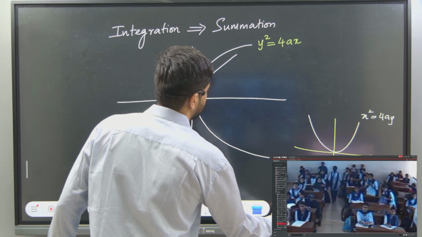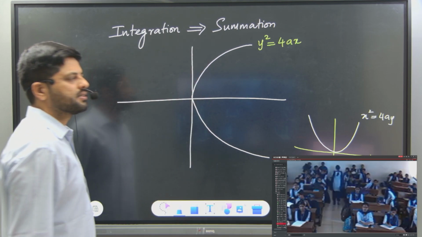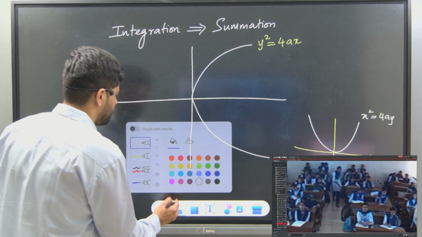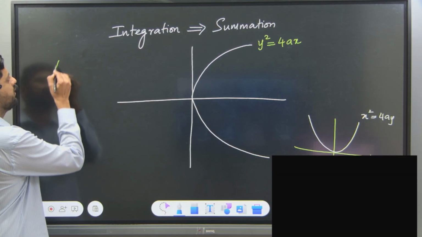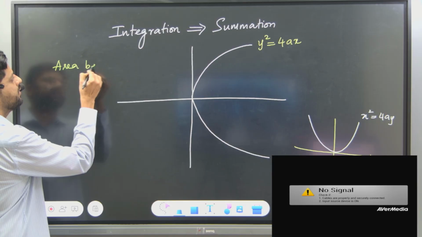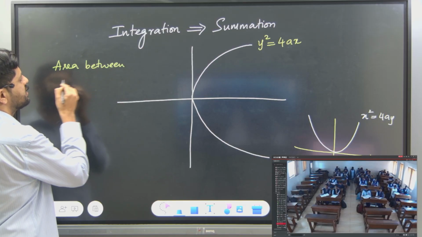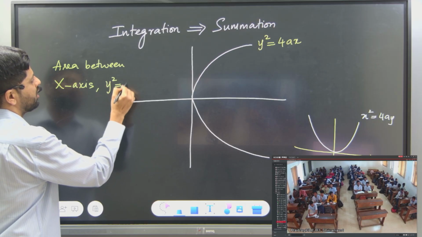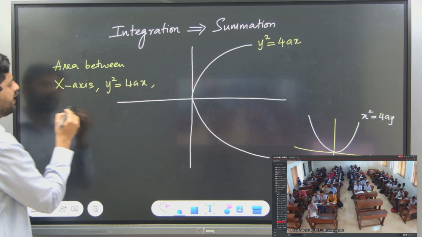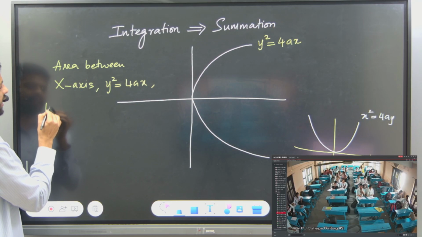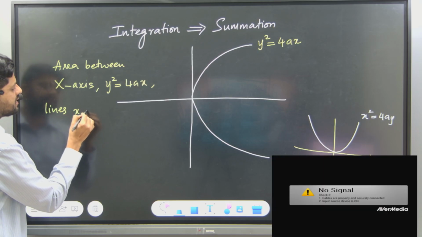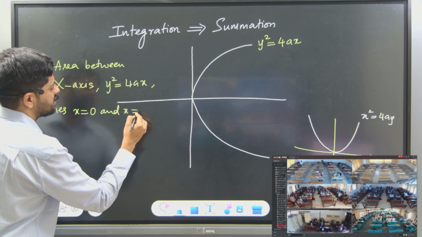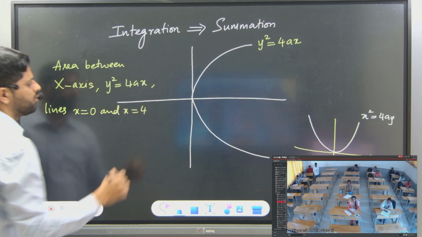They will give some conditions. What condition will they give? Area between the x-axis, the parabola y square is equal to 4ax, and they will tell you the lines x is equal to 0 and, say, x is equal to some number, 4.